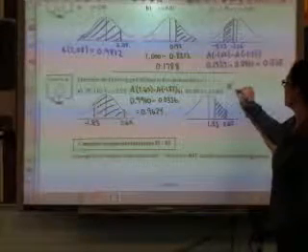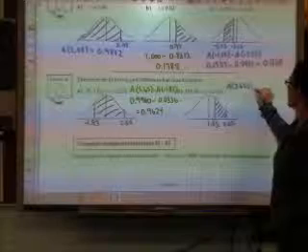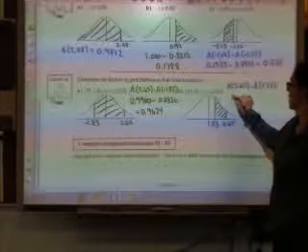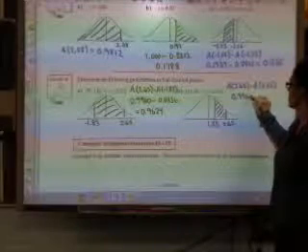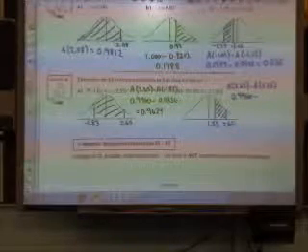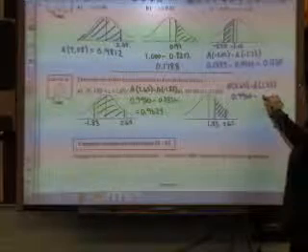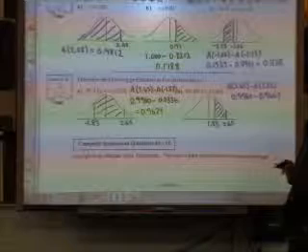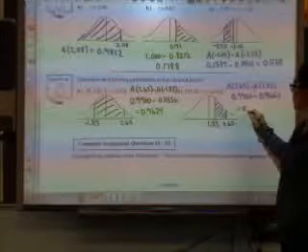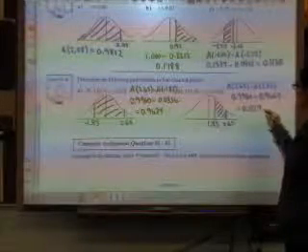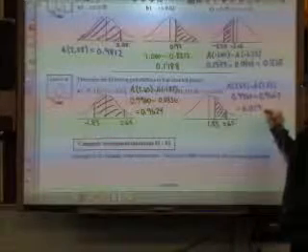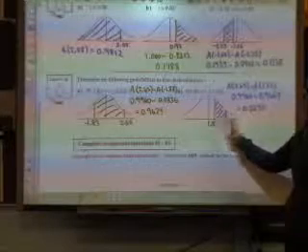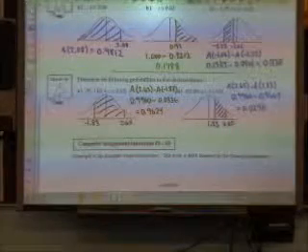So the area of 2.65 minus the area of 1.83, I get 0.9960, and 1.83 is 0.9664, which gives me 0.0296. So just about a 3% chance that the data will lie between these 2 points.